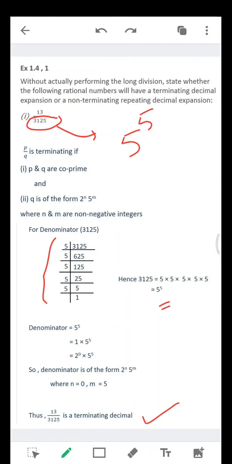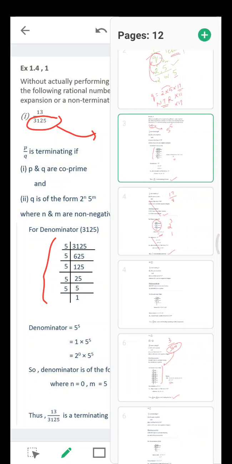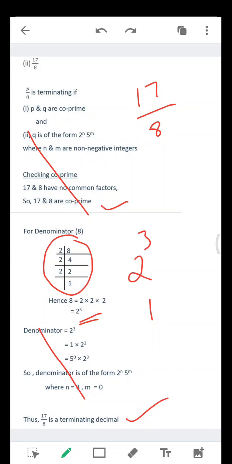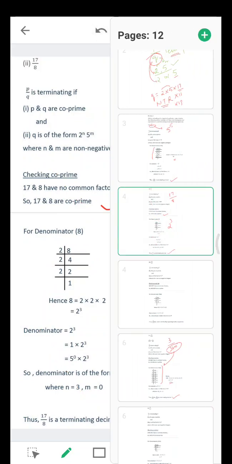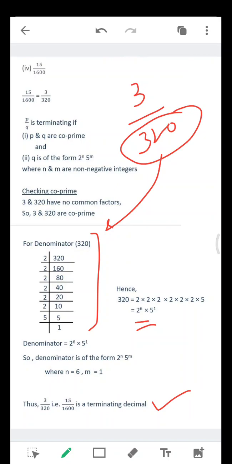In the first one we had only 5's, this was terminating. In the second one we had only 2's, so that was also terminating. And in the fourth one we have both 2's and 5's, so this is also terminating. Now these 3 are terminating.